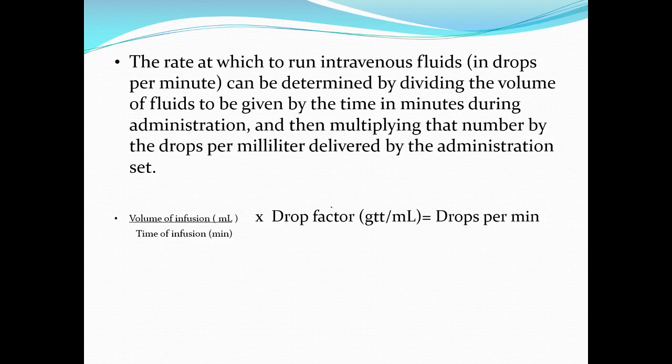So they're bigger drops. So we're going to use the micro drip set for smaller animals. We want to be more precise and we want to give them less fluids. We're going to use the bigger administration set for larger animals. So if we think about it, this is our volume of infusion, so say 500 mils, over the time of infusion in minutes, we're going to give it over 60 minutes.